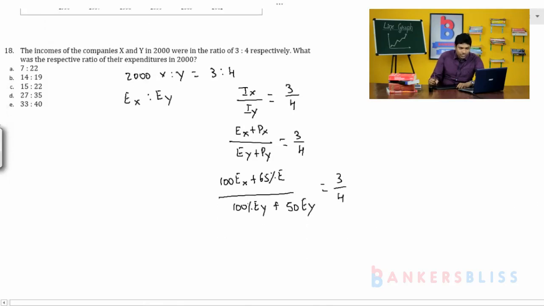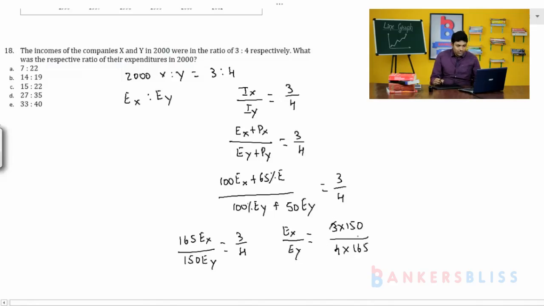So now that is equal to 165 EX, expenditure of X, by 150 of expenditure Y, which is equal to 3/4. After simplification, EX by EY is equal to 3 into 150, you cross multiply, divided by 4 into 165.